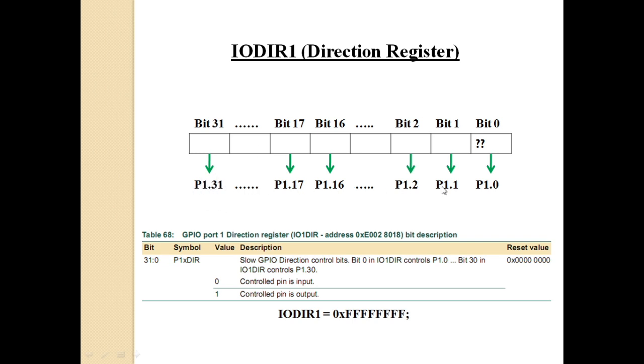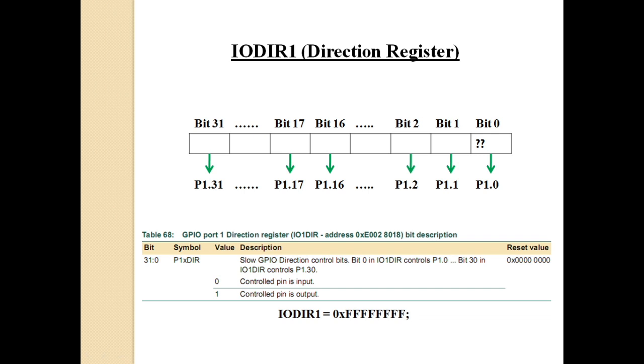So these are the pins which have one-to-one mapping with the IO direction register, right? By configuring bit 0 of the IO direction register, you can configure the direction of the 0th pin of port 1. Similarly, by configuring bit 31 of the IO direction 1 register, you can configure the direction of P1.31, that is the 31st pin of port 1.